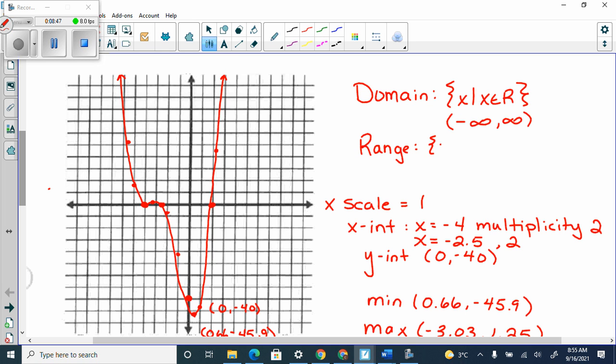And then your range is going to be y such that y is greater than or equal to -45.9, or -45 point, comma infinity.